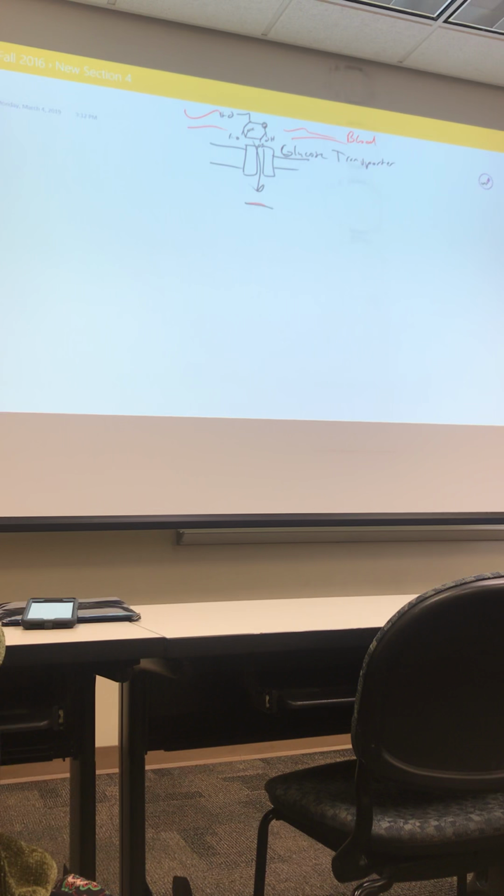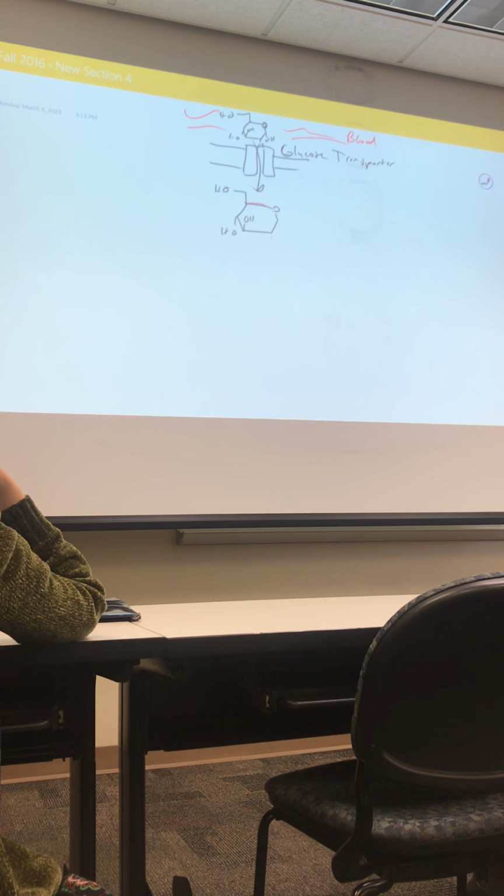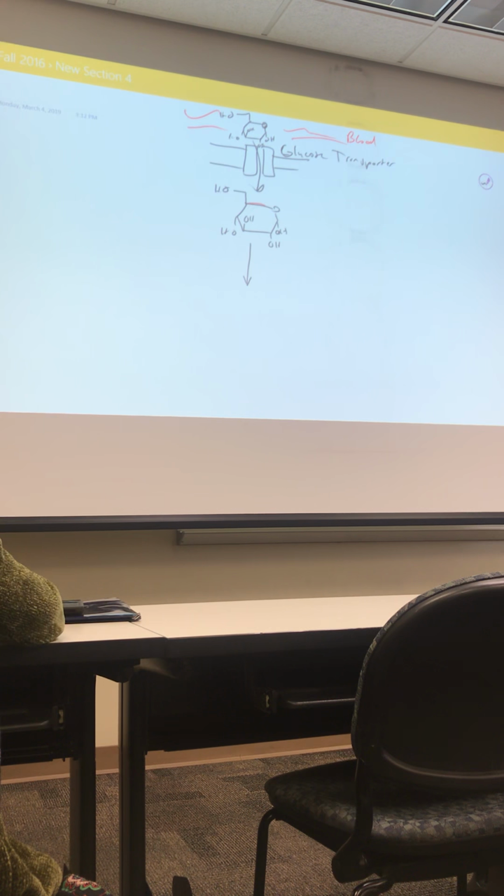Okay, so we get glucose inside the cell. Now it can go different pathways, right? It goes inside, step 1 commits it to the cell. And that's our phosphorylation. So, ATP, ADP, and we get glucose 6-phosphate.